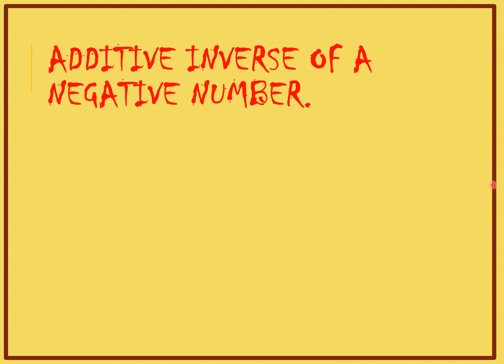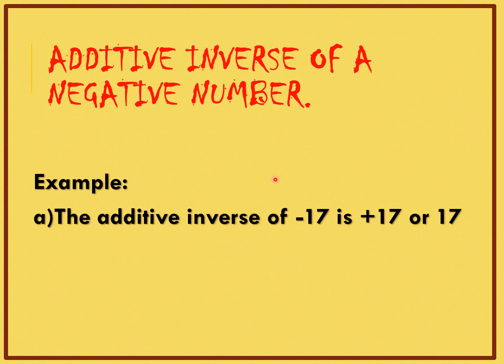Okay, so now if I take any negative number, for example, minus 17, then the additive inverse of minus 17 will be plus 17. See, the negative sign will be converted into positive sign. Just remember one thing, that inverse means opposite.